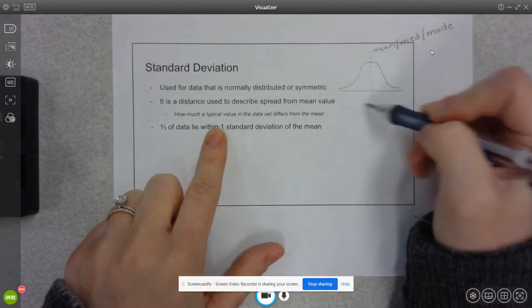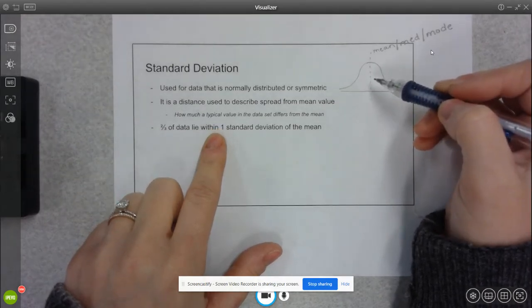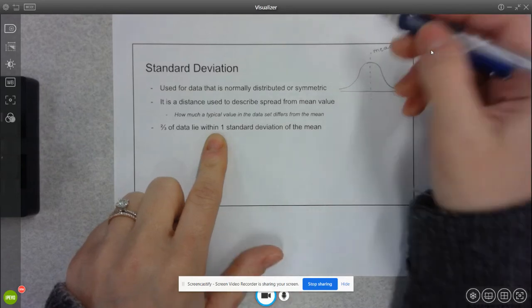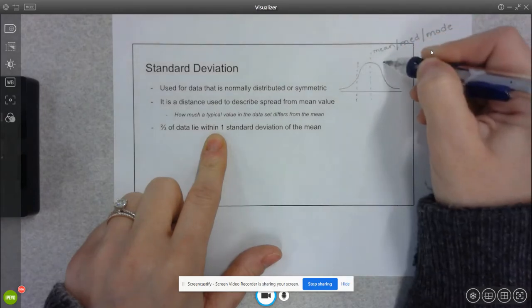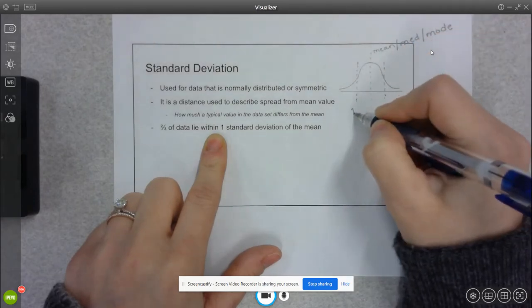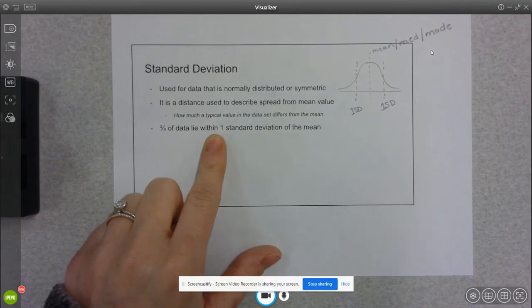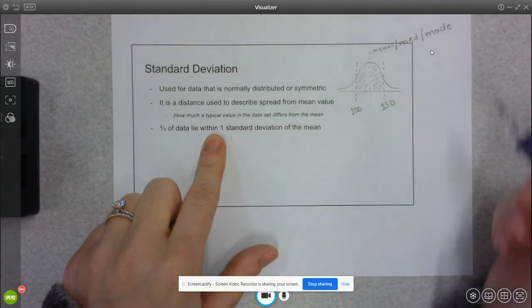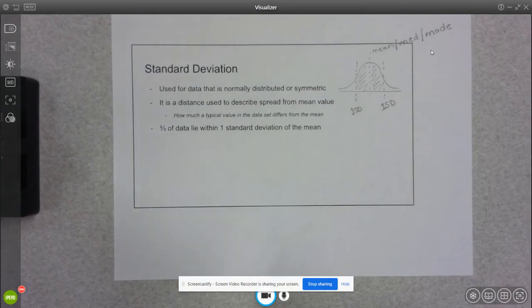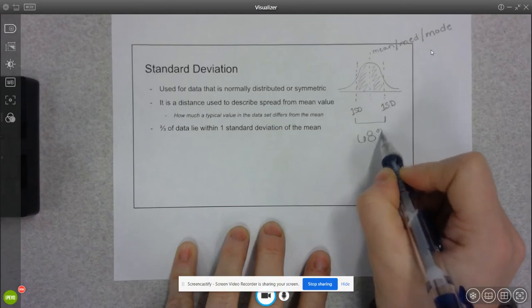But if I'm looking at this symmetric curve, and I talk about one standard deviation from the mean, let's say it looks about like this. So this is one standard deviation below, and this is one standard deviation above. The vast majority of my data lives in this chunk where I am one standard deviation from the mean. This is 68% of my data.